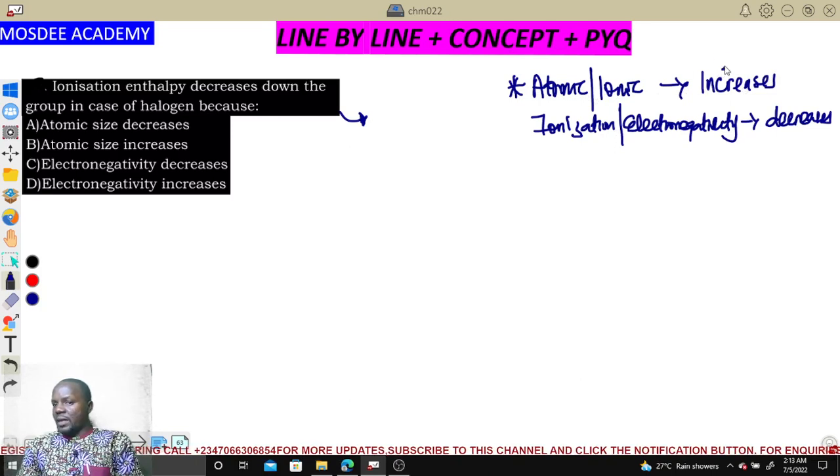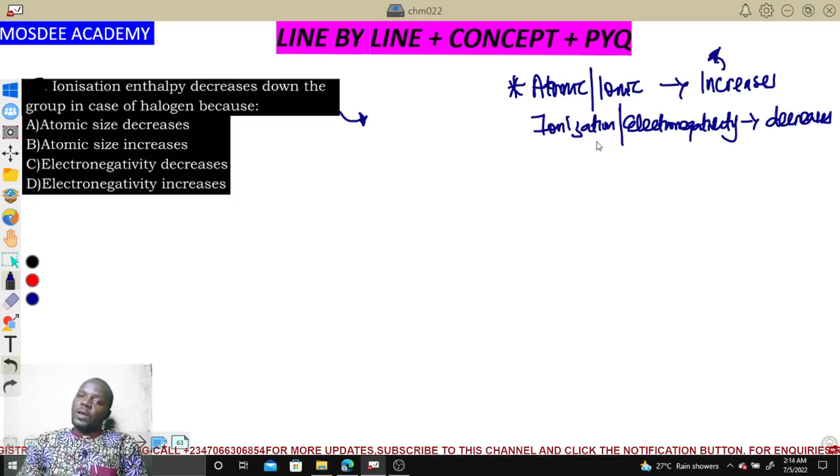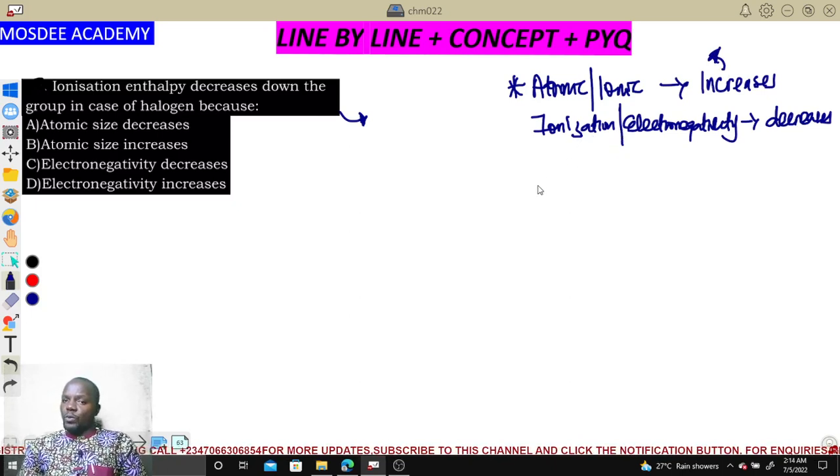So the reason why this happens is because the atomic number increases. As you go down the group, electronegativity decreases. You all know that from basic classes.